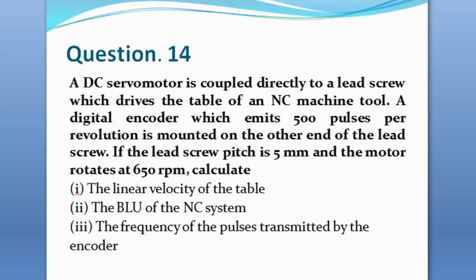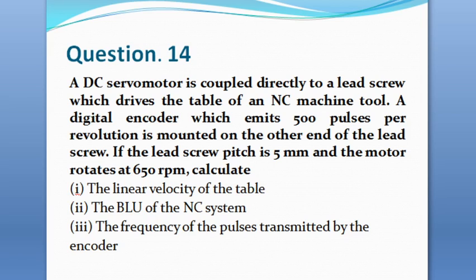A DC motor is coupled directly to a lead screw which drives the table of the NC machine tool. A digital encoder, which is a transducer that measures the table sliding position, emits 500 pulses per revolution and is mounted on the other end of the lead screw. The number of pulses per one complete revolution is 500.